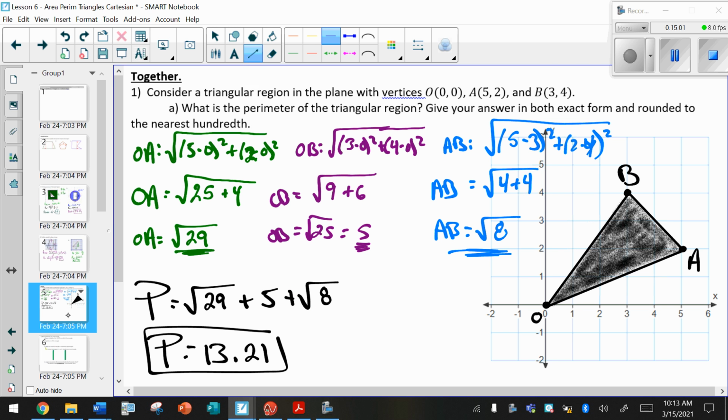What we're going to do is make the original triangle that was given be the whole, and we are going to create a rectangle around it, and then we'll be able to find the area of the rectangle and subtract out the individual pieces from around the outside of that rectangle. And then I'll have the area that's left over as triangle OAB.